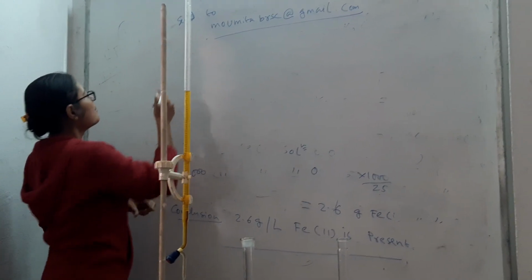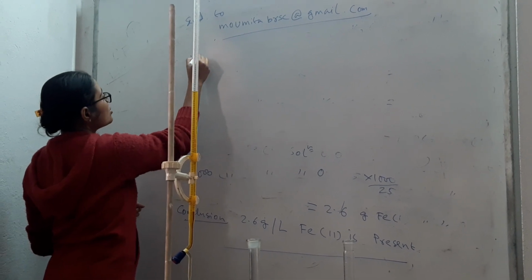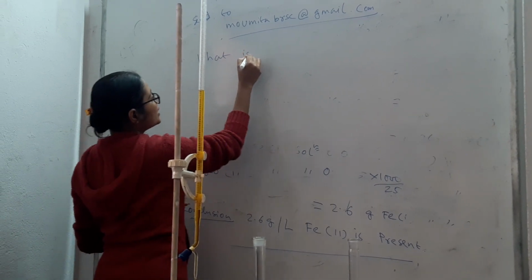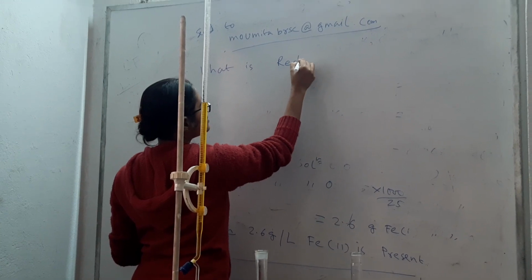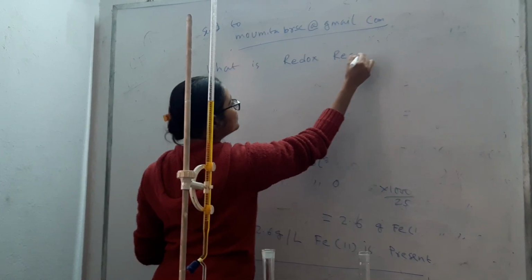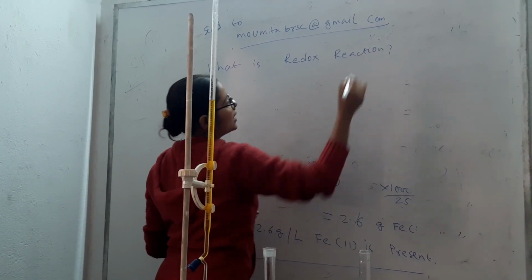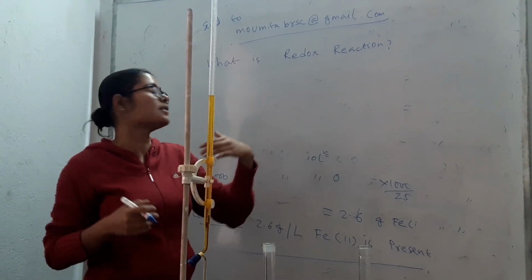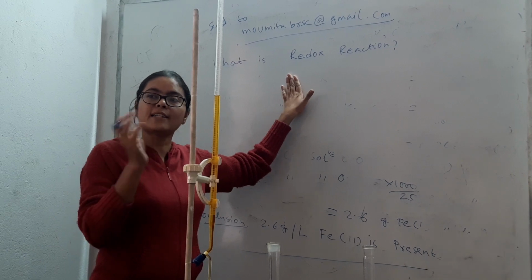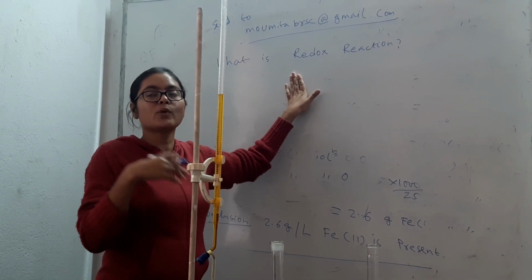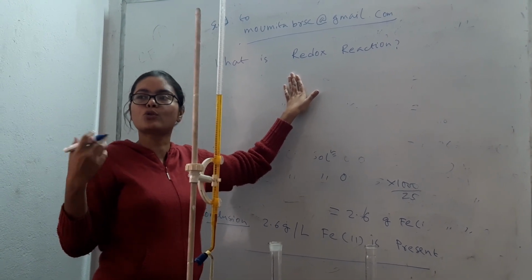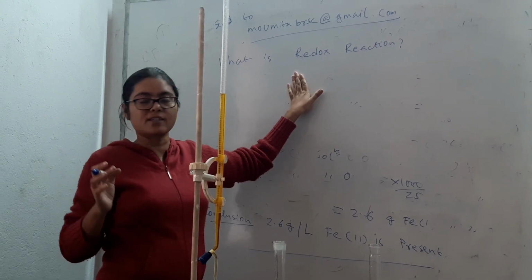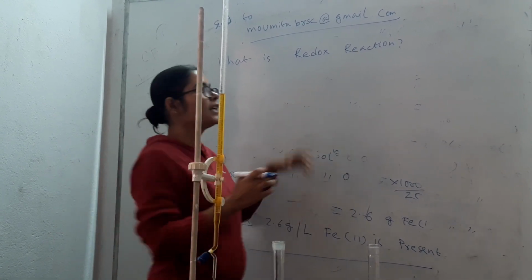Okay. So number 1, what is redox reaction? Give some example. I hope after this class you can answer at least some of these questions, and you can see for yourself how much you can answer.